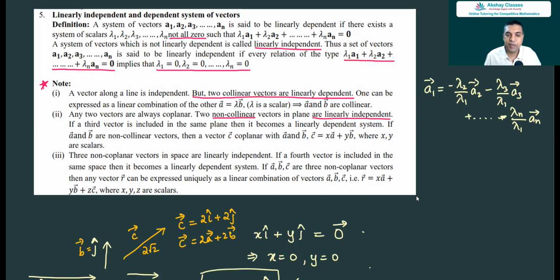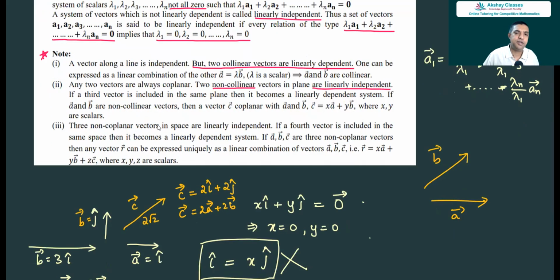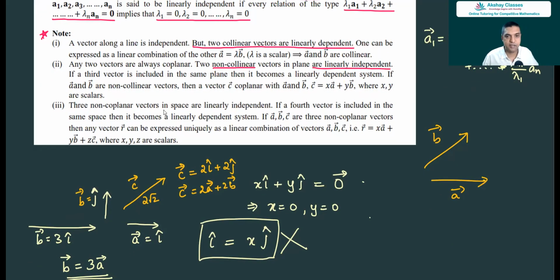As long as there are two non-parallel vectors a and b in a plane, it is impossible to write one in terms of the other. So two non-collinear vectors in a plane are linearly independent. But if a third vector is included in the same plane, then it becomes a linearly dependent system, because the third vector can be written as x times a bar plus y times b bar. This is based on the addition of vectors.